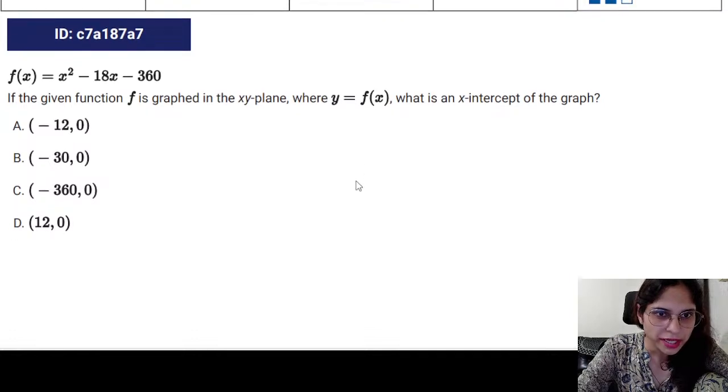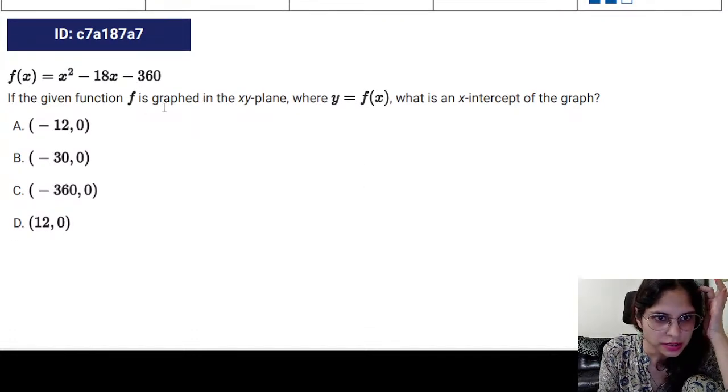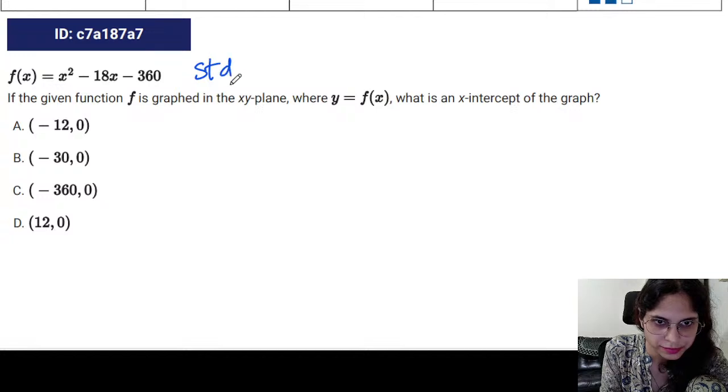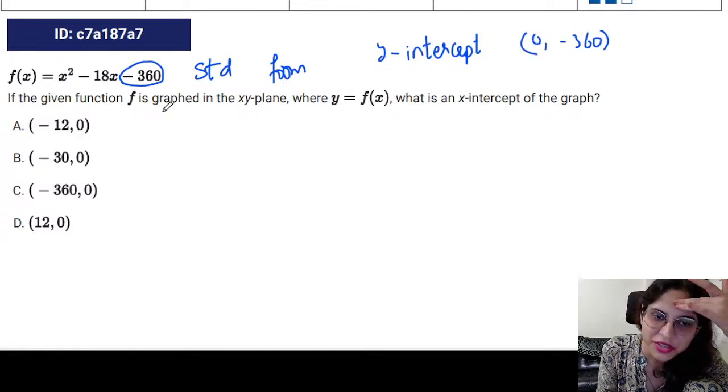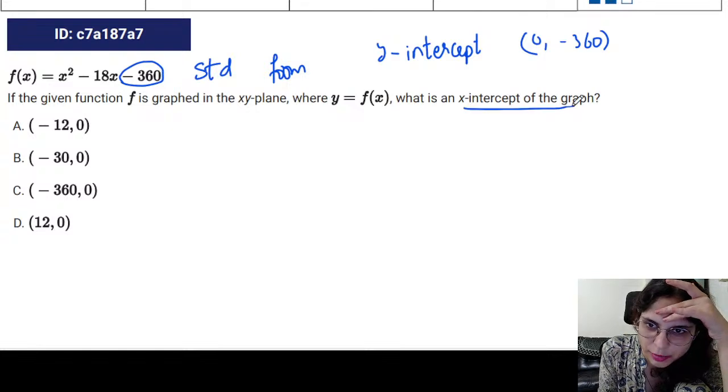So x squared minus 18x minus 360. This is your standard form, and for this entire number you also have to take the sign. Your y-intercept is 0, negative 360. But they're not interested in that, they want to know the x-intercept of the graph.